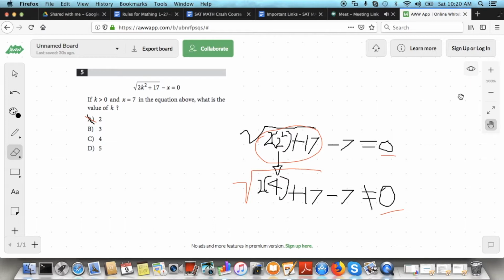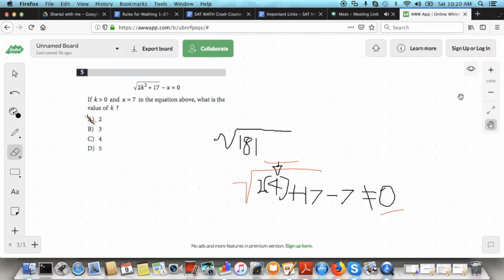Okay, so let's go through the rest of the answer choices. Next we'll try B. So the square root of 2 times 3 squared, which is 9, so 18. Plus 17. Do you see what he's doing there, guys? He's just calculated 2 times k squared, which is 18 when k is 3.